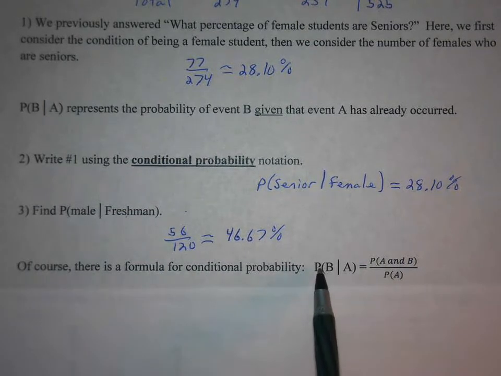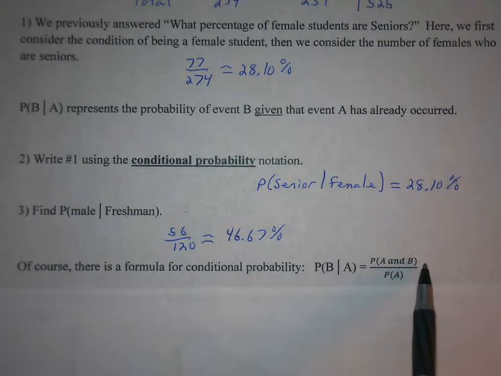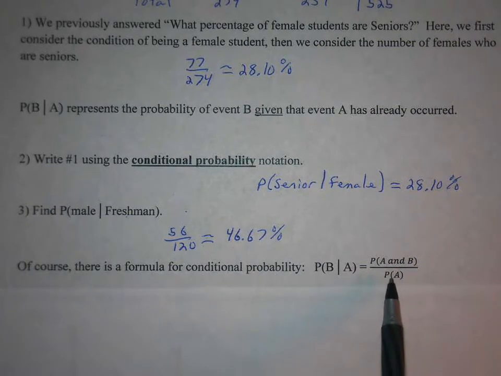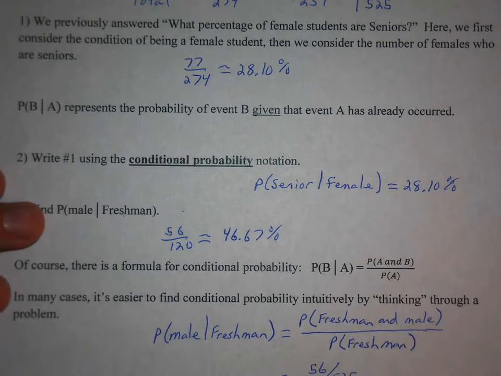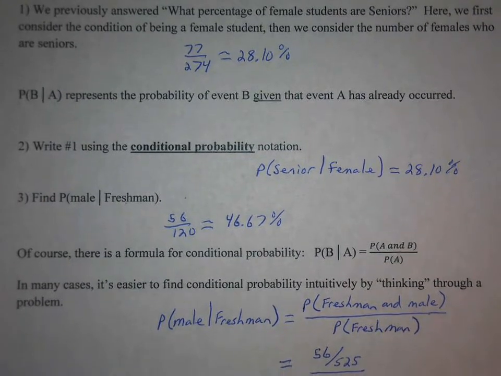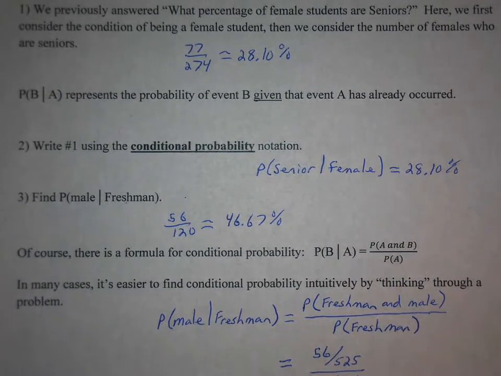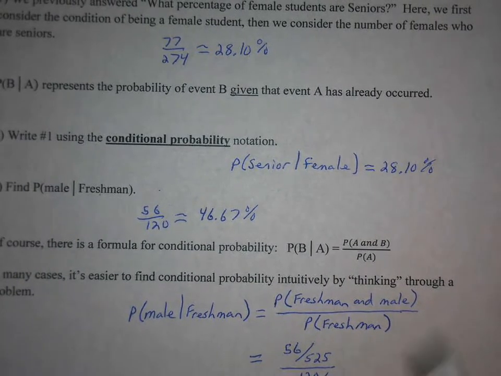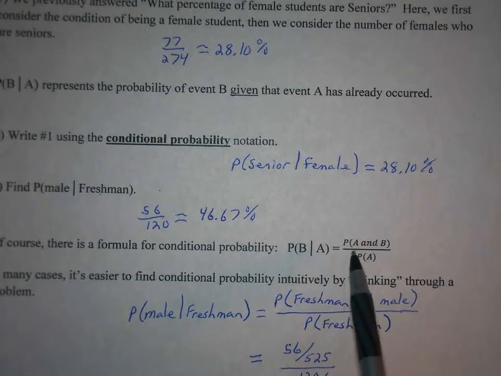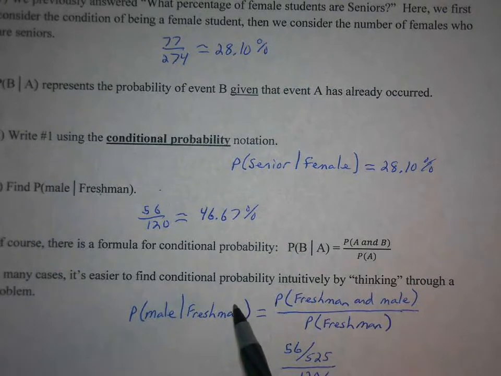If we have the probability of B given A, you take the probability of A and B divided by the probability of A. So just very quickly to show you on this, the probability of a male given they're a freshman, that's the probability of A and B. Notice how B given A, A and B. The second thing in the parentheses is your A, so that's freshman.